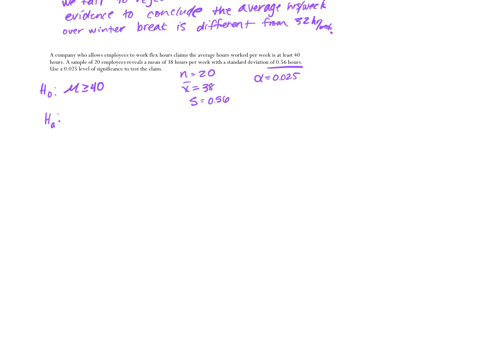At least isn't just equal, so that's why you put it in the null. Correct. And then, is the null always going to be the one that's stated in the problem? The null is always going to be the one that has an equal to in it.